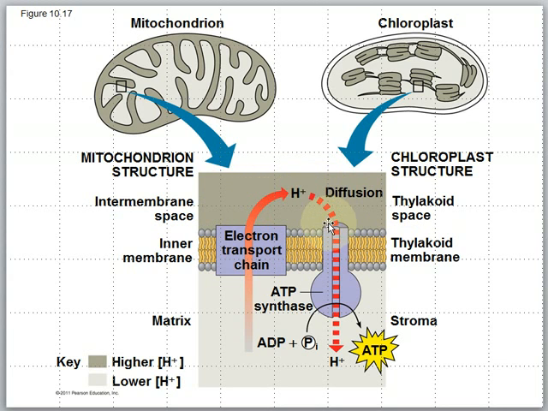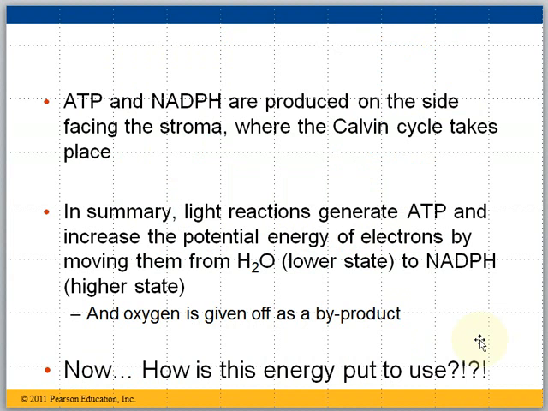Then they diffuse down, trying to take care of that gradient difference, and they go through the ATP synthase, and that powers the creation of ATP. So it happens in different places in these two structures, but the actual process is pretty much the same.